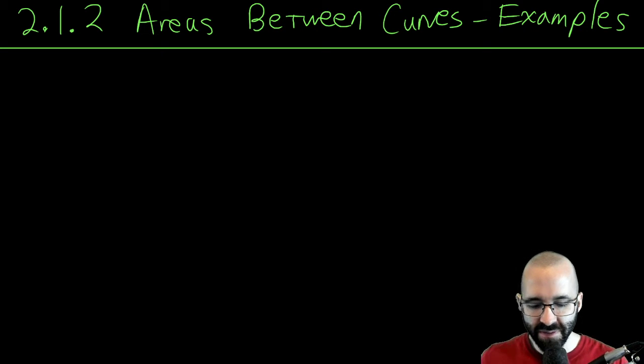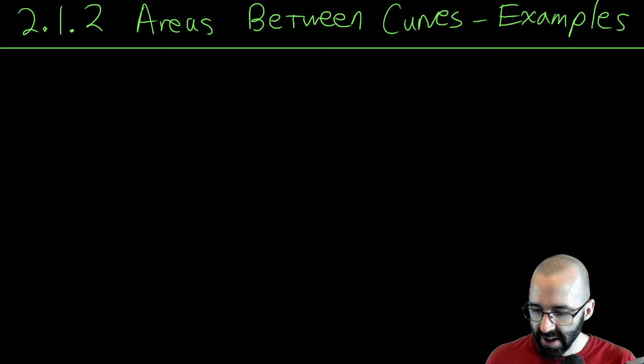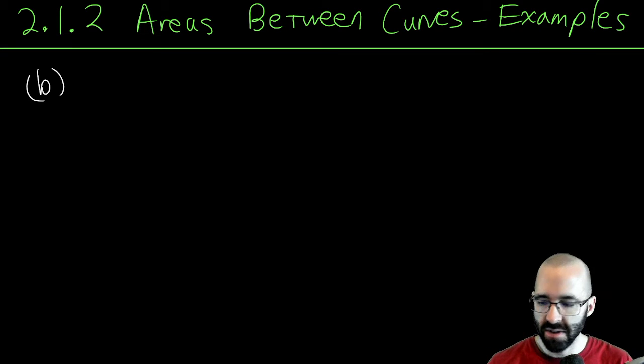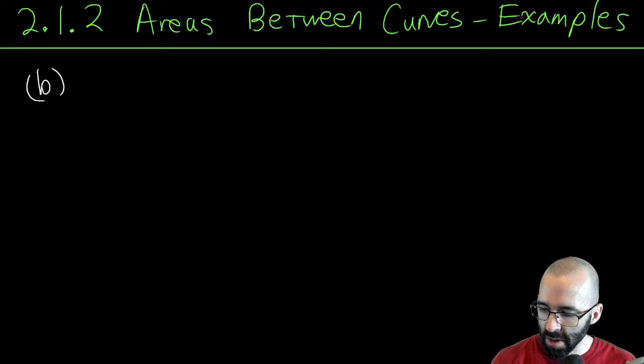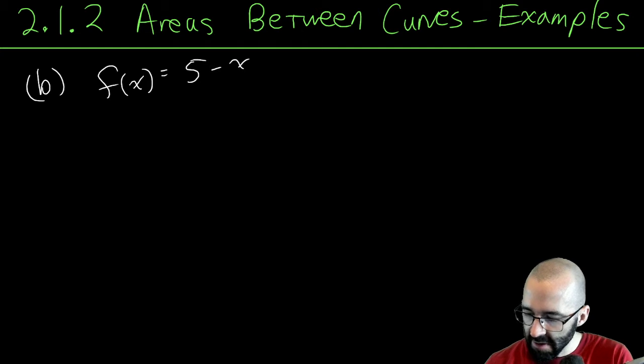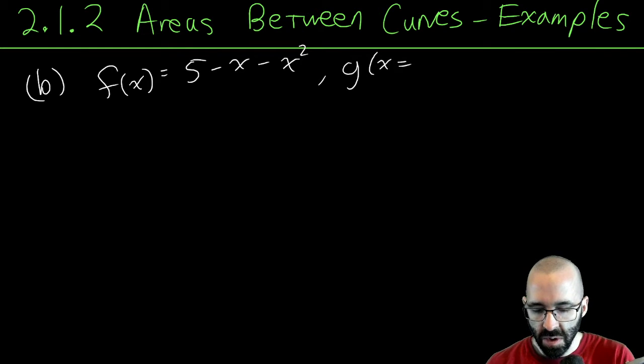Let's get to it. So let's just continue the last example, find the area between these two curves. And part B is going to say between the curves, f of x equals 5 minus x squared, and g of x equals 1 minus x.